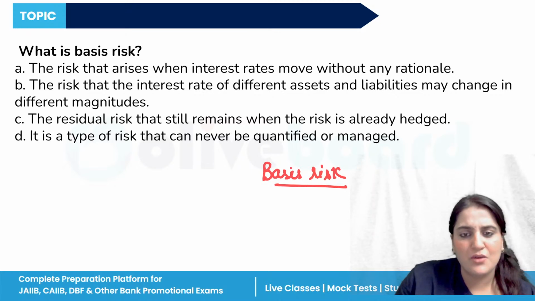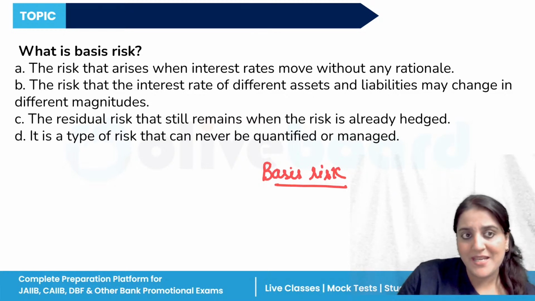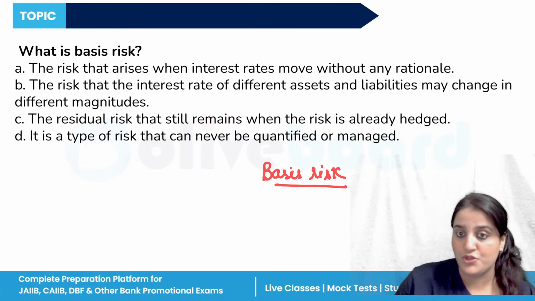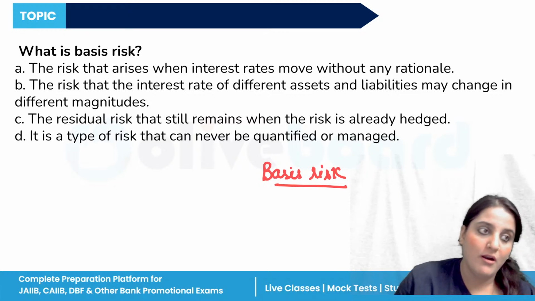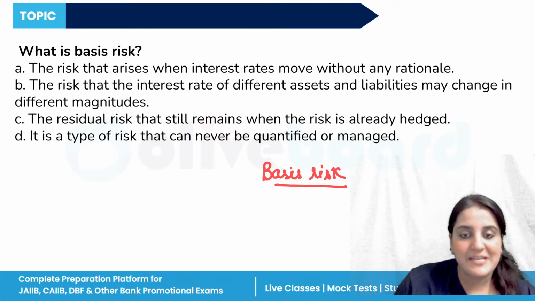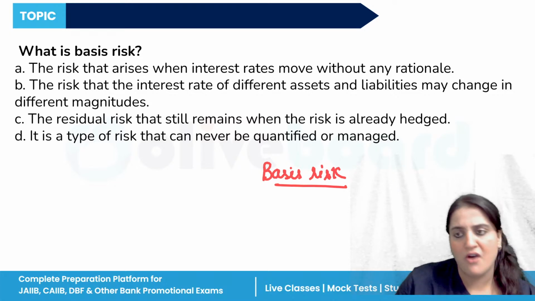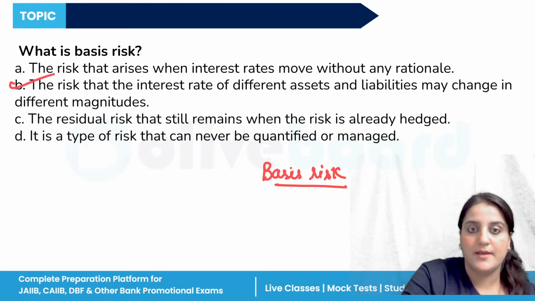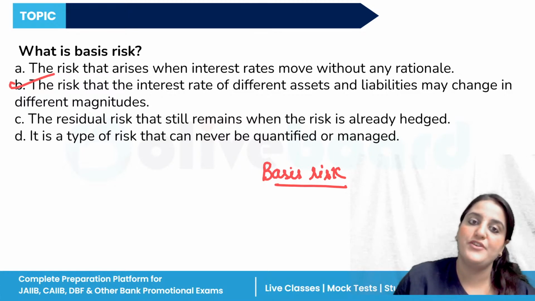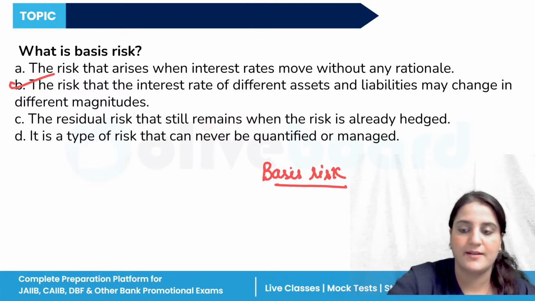This is particularly relevant in situations where a company is trying to hedge its interest rate exposure, but the asset or liability being hedged does not perfectly match the characteristics of the hedging instrument. So we can say option B is correct: the risk that the interest rates of different assets and liabilities may change in different magnitude. Option B is the correct answer.